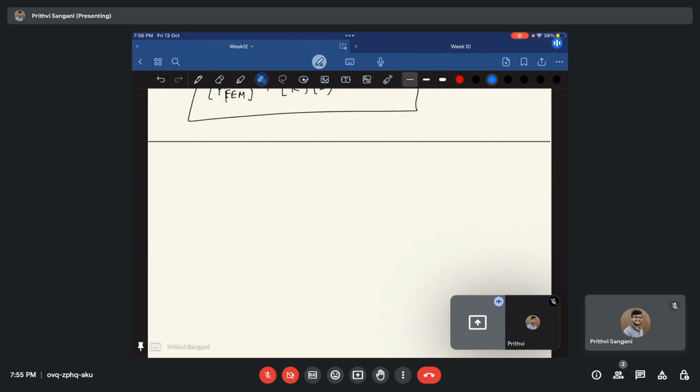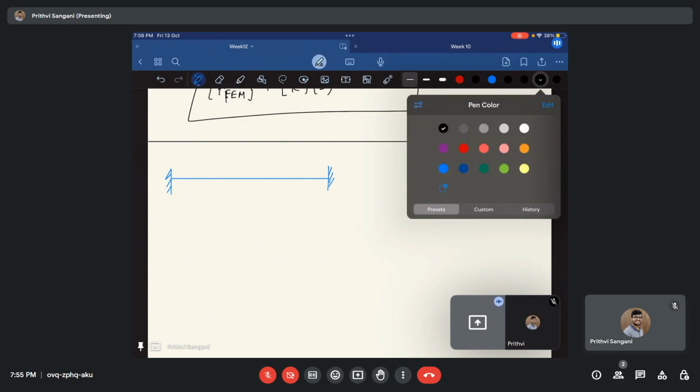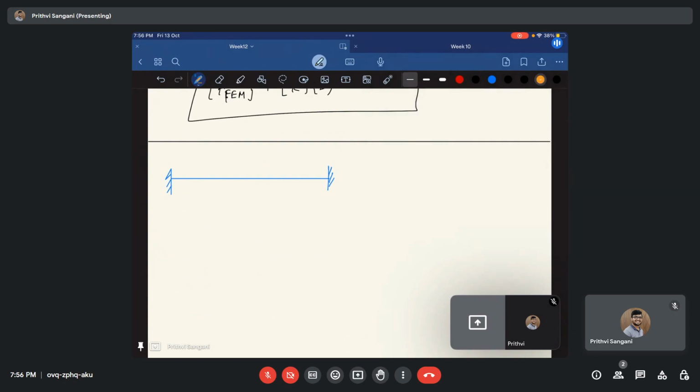The question is something simple. You have a fixed beam, over which you have a loading profile of W kilonewton per meter.